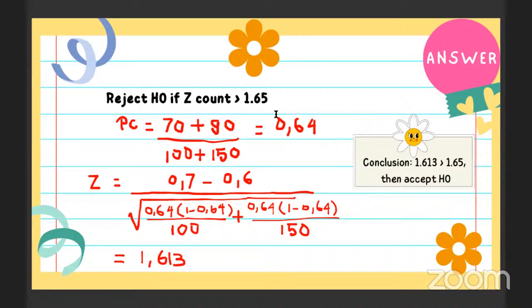So the result is 1.613. So the conclusion is 1.613 is less than 1.65, then we accept H0.